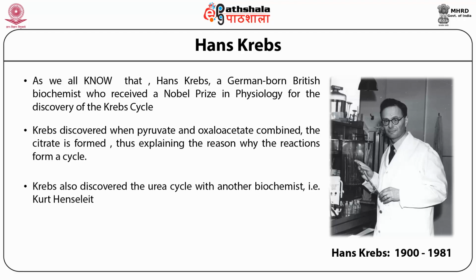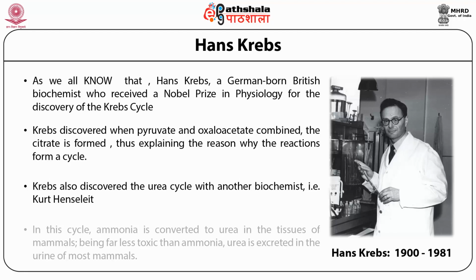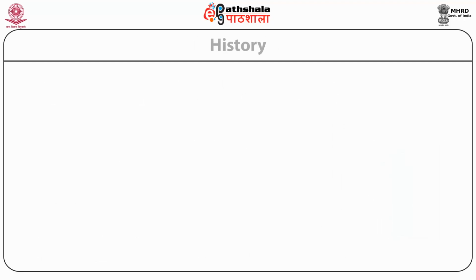Krebs also discovered the urea cycle with another biochemist, Kurt Henseleit. In this cycle, ammonia is converted to urea in the tissue of mammals. Being far less toxic than ammonia, urea is excreted in the urine of most mammals.